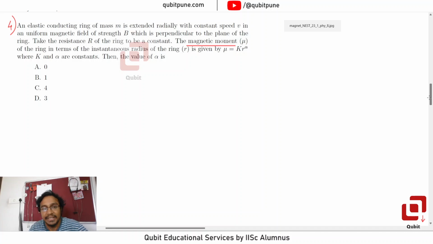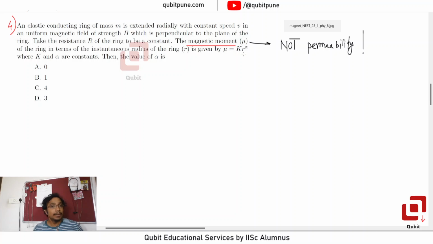One very important thing. Okay, this mu is not permeability. It is magnetic moment. ठीक है.